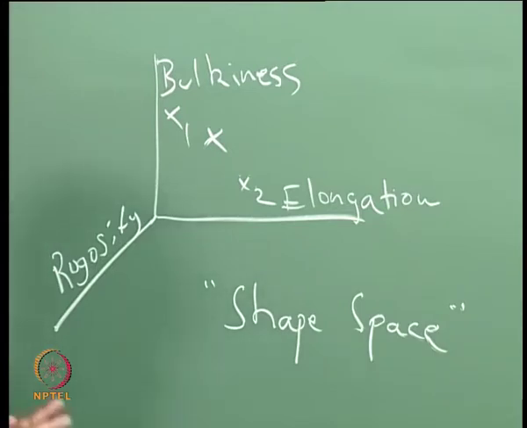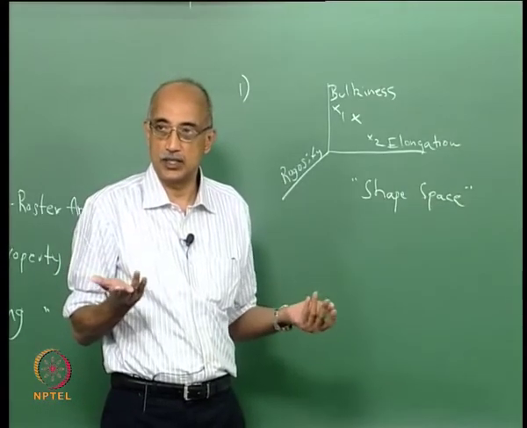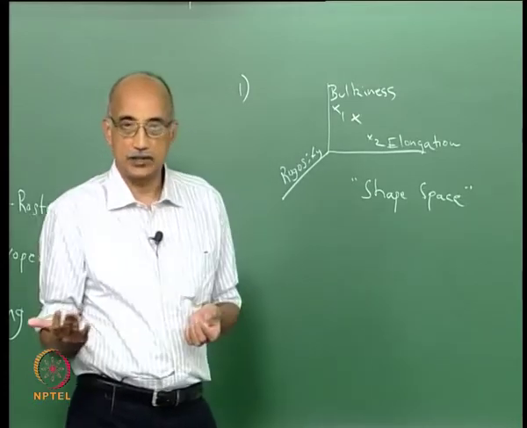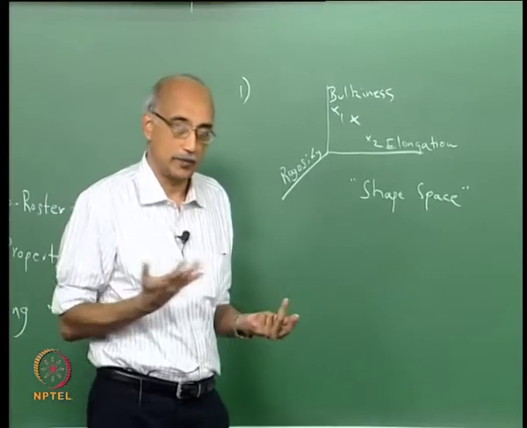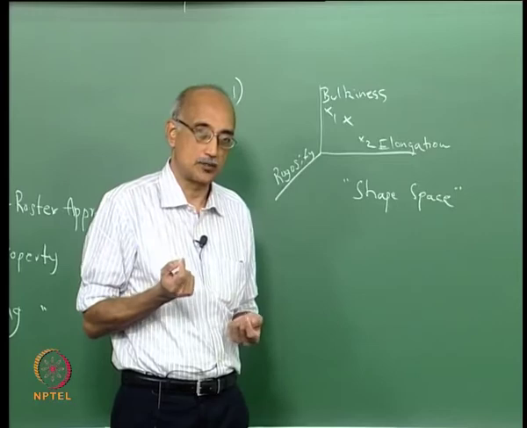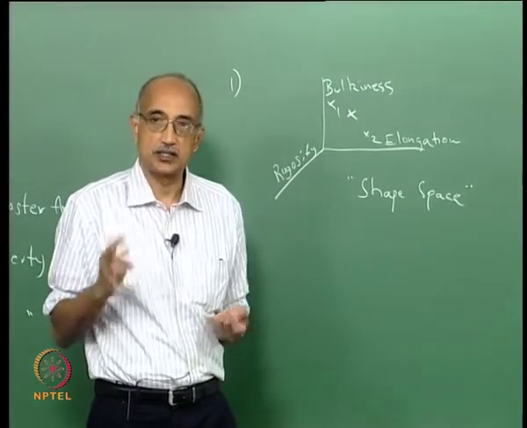For example, if only 2 of these shape parameters are really relevant for your process or your problem, then just do a 2D analysis, do not even try for a 3D analysis. But certainly if you go beyond 3D, I think you are going to complicate your problem quite a bit, and it is very unlikely that any physical process or problem will involve more than 3 shape parameters as relevant parameters.